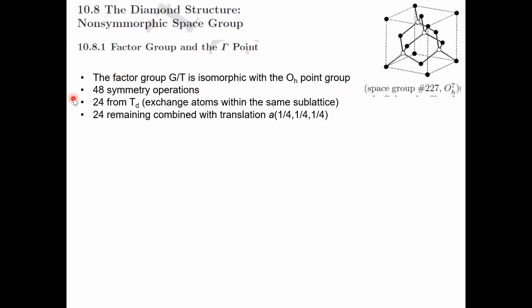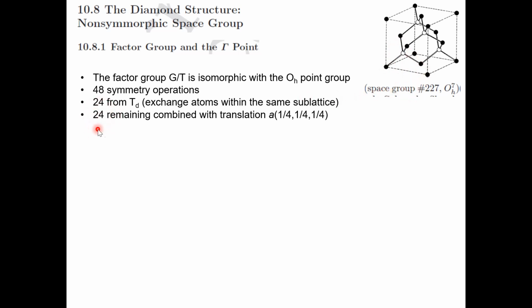The O_h point group has 48 point group operations, but 24 of them are originally from the T_d group, the tetrahedral group, and they will exchange atoms within the same sublattice. They will take a black atom into another black atom.